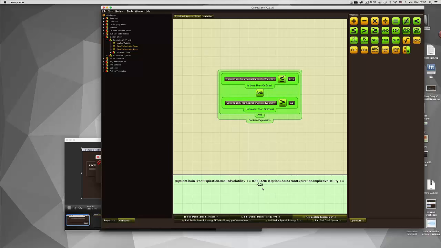That's a signal that a lot of futures traders use, but it also works for indices and also for equities. That's just an example, but I think the more indicators that you get, the more versatility we're going to see in QuantyCarlo.